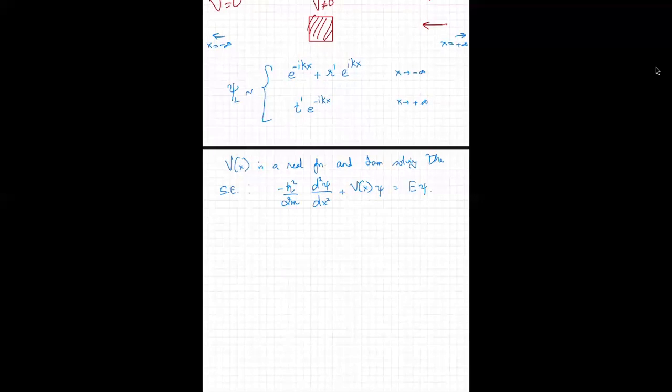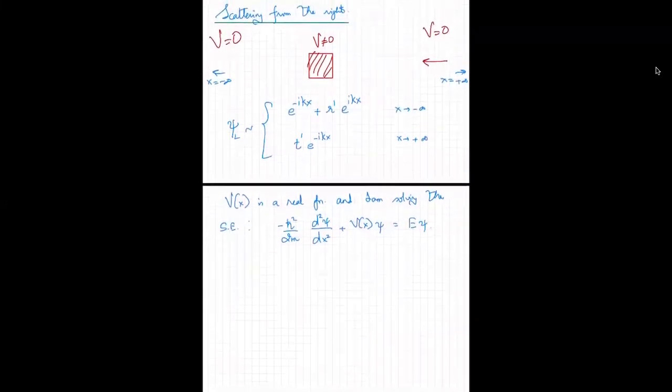Now, if psi is a solution, psi star should also be a solution, right? I can take the complex conjugate of this entire equation and it is still true because V of x doesn't change, because it's a real function. So if psi is a solution, psi star is also a solution, which is something trivial that you know. And the Schrodinger equation is also a linear equation. So if psi is a solution and psi star is a solution, then any linear combination of psi and psi star is also a solution, right?